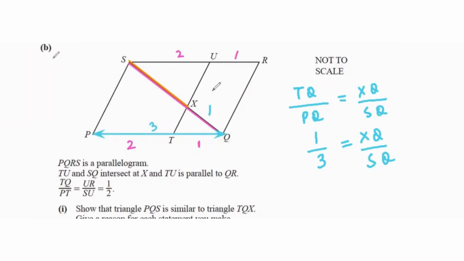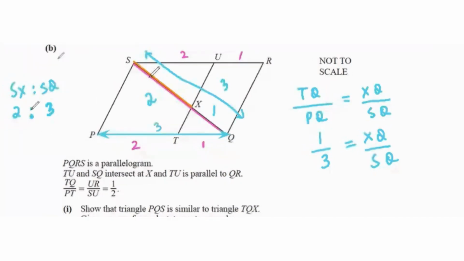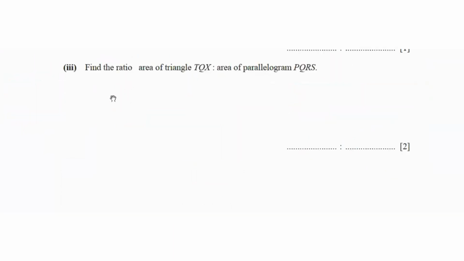Which means if this is 1 and this entire thing is 3, SX would be 2. Hence, SX ratio SQ is going to be 2 ratio 3 because SX is 2 and SQ is 3. The next part says find the ratio of the area of triangle TQX to area of parallelogram PQRS.